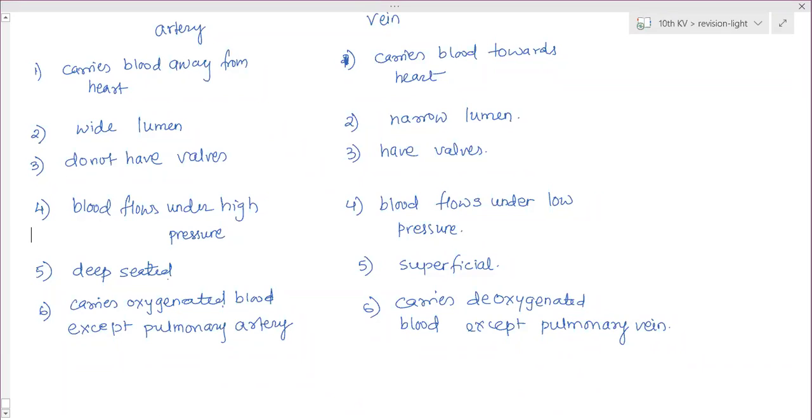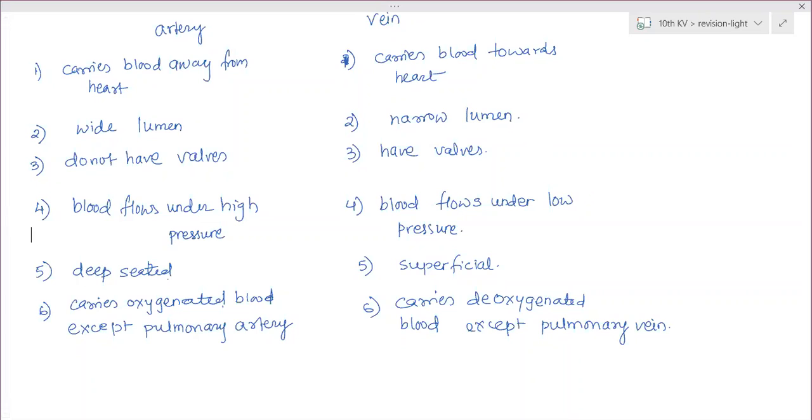So near every organ, near every cell, capillaries are present. Arteries only carry the blood towards the cell, and the veins directly carry that blood towards the heart. But nowhere in arteries or veins do substances get exchanged. For the exchange of substances, there should be a capillary.